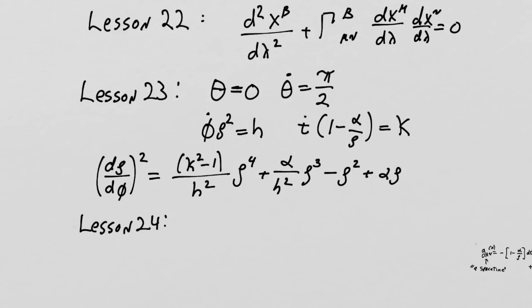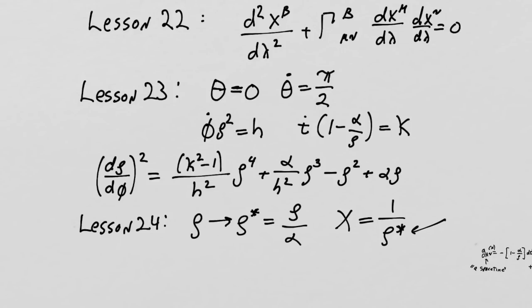So to be consistent, I'll show that here. In lesson 24, we took rho and converted it to the dimensionless form, and that was rho star equals rho over the Schwarzschild radius. And then we created chi, which equaled 1 over the dimensionless form of the Schwarzschild coordinate, the reciprocal of it.